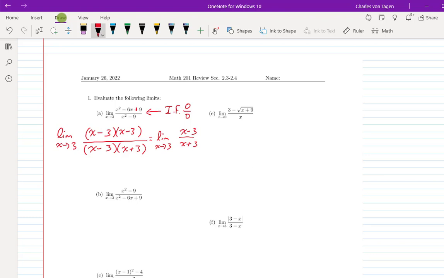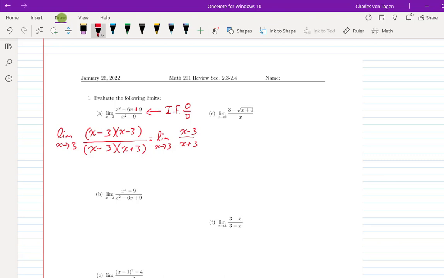Now, what was the domain of this expression before I did the canceling? All real numbers except 3 and negative 3, and our limit value is 3, so I cannot do direct substitution on this. What's the domain of this function that agrees with the other function?